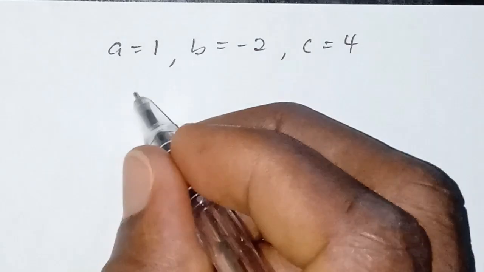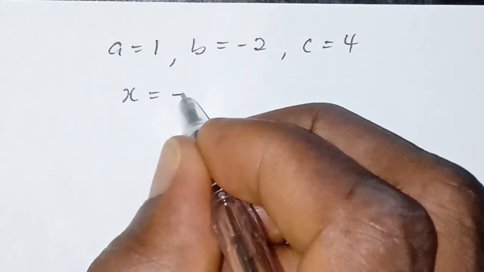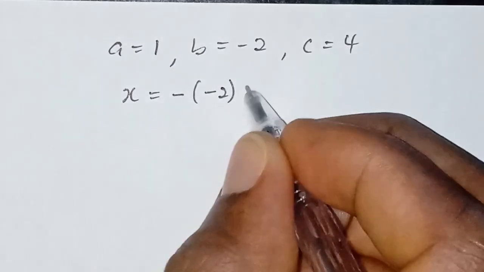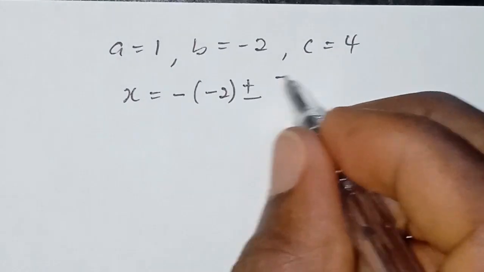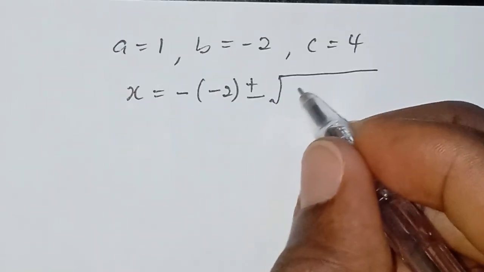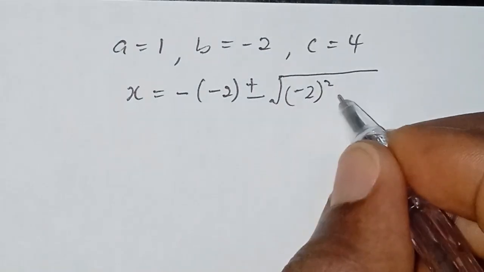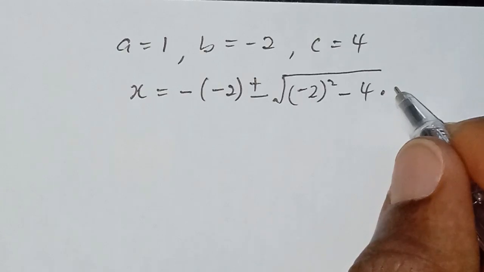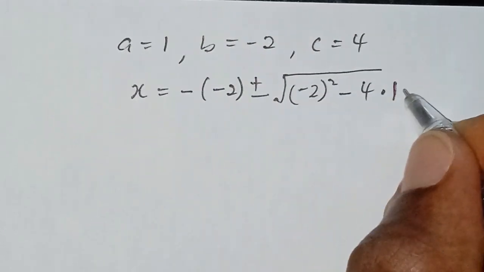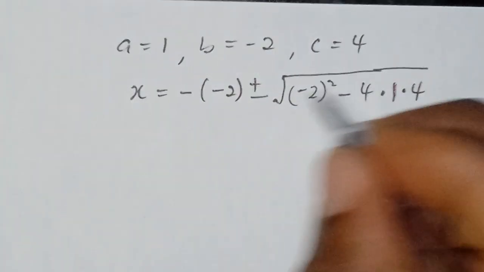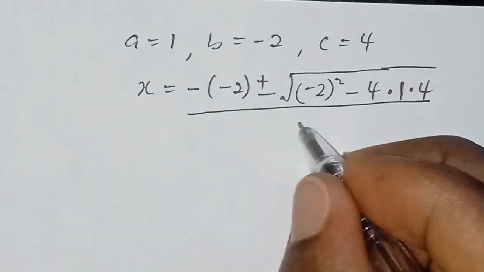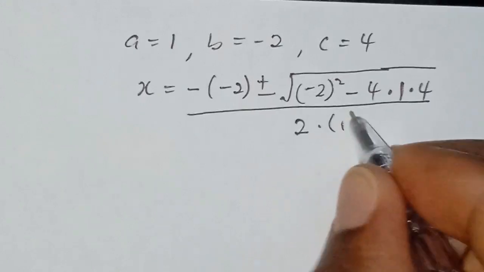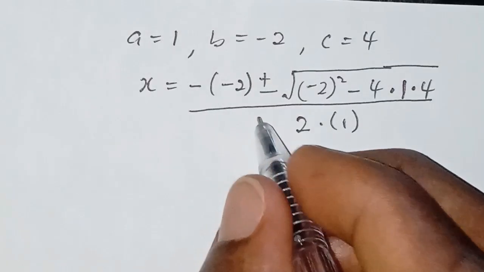So we have x equal to minus of minus 2 plus or minus square root of minus 2 squared minus 4 multiplied by 1 multiplied by 4, all over 2 multiplied by 1.